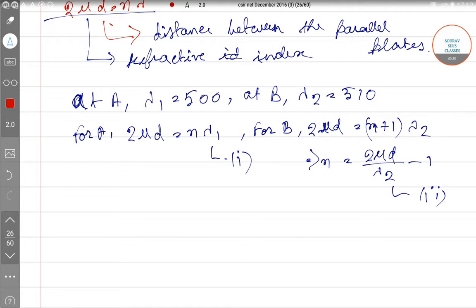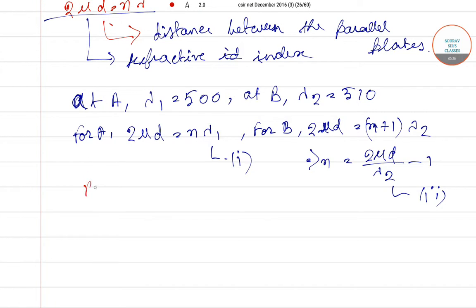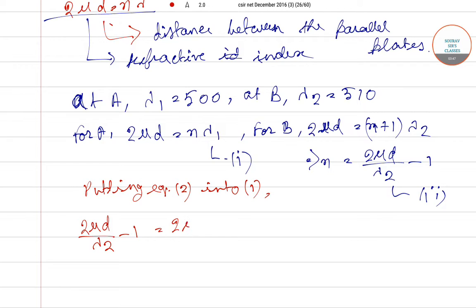So here, putting equation 2 into 1: 2 mu d divided by lambda 2 minus 1 equals 2 mu d divided by lambda 1. For air, we know the refractive index mu equals 1.